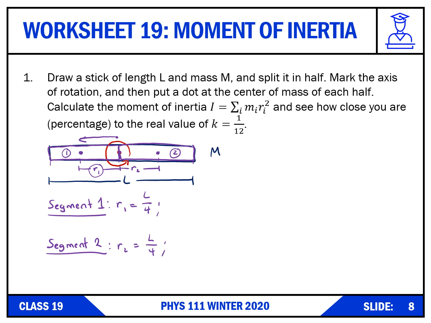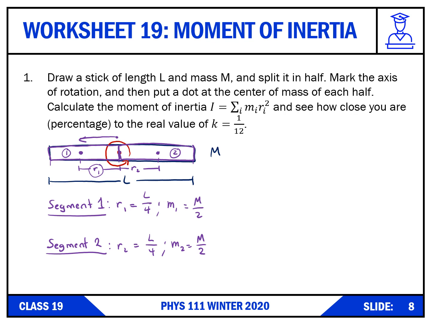Now we take a look at the masses. Each segment should have the same mass, but we've split the entire stick into 2 pieces. So that means the total mass, capital M, is just divided by 2. So this is m/2 and m/2. So now we have the masses of each segment as well as the distance that the center of mass of each segment is away from the axis of rotation.